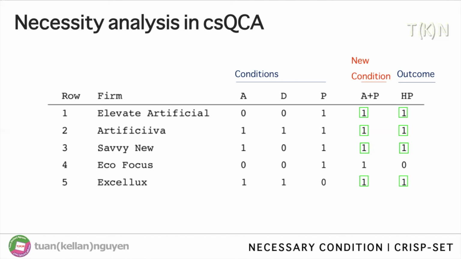We see enough empirical evidence to confirm the necessity claim of the union set of A and P for the outcome high performance firms. We can conclude that firms investing in AI or firms investing in people is the necessary condition for high performance.